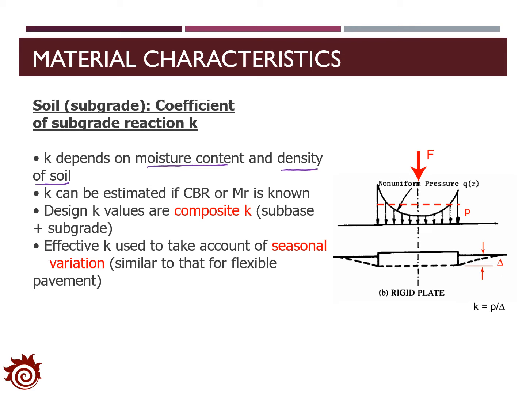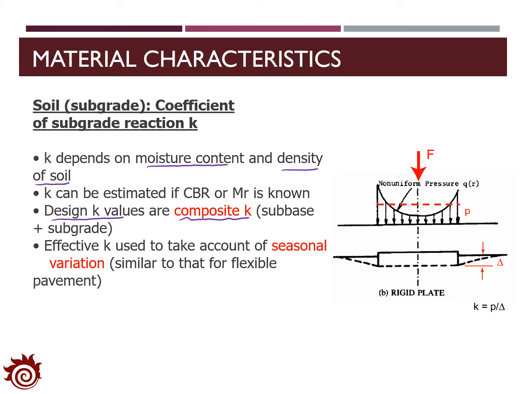The value of K can be estimated if we are provided with CBR or MR values, and then we can use the relationship between K and CBR or MR to find out the K values. Also, if we introduce the subbase between the PCC slab and the subgrade layers, we need to use the composite K to find out the weighted modulus of the subgrade reaction as the designed K value.